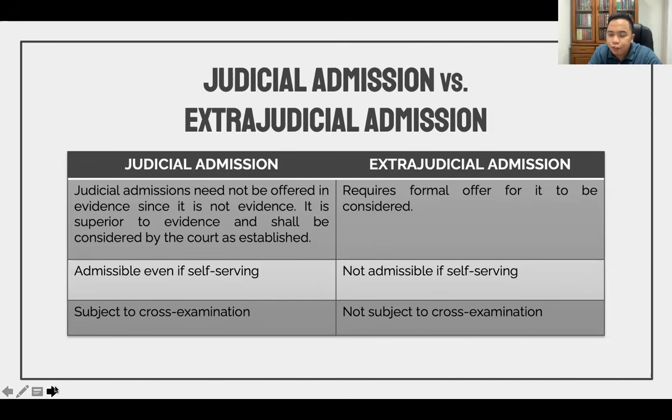Class, if admission is in the form of extrajudicial admission, then you need to offer it. You need to offer the evidence before it is considered by the court. Without formal offer of evidence, this kind of admission may not be considered by the court, unlike a judicial admission.